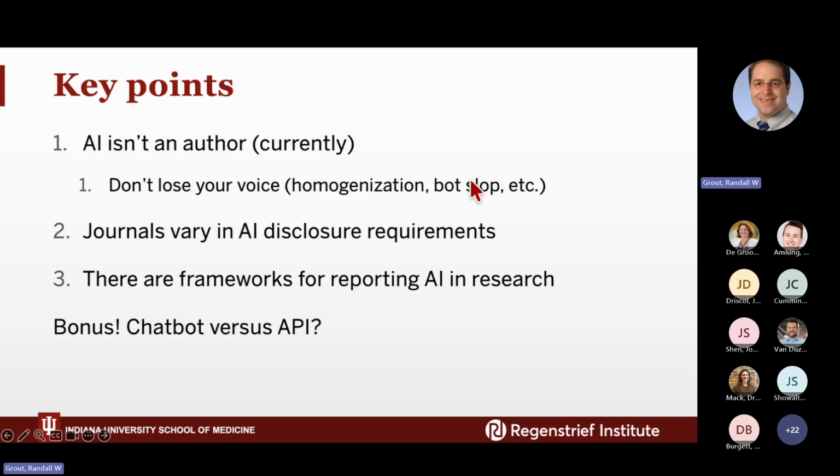So don't lose your voice in it. Number two, journals vary in their disclosure requirements. Check what they say and how they want you to disclose or share it. Generally, copy editing is okay, but double check with wherever you're submitting to. And number three, there are frameworks for reporting AI in research. If you are using AI as a core component of your research, check out those different frameworks, depending on where in the cycle of research you're reporting: a protocol, your clinical trial, or an actual predictive model.